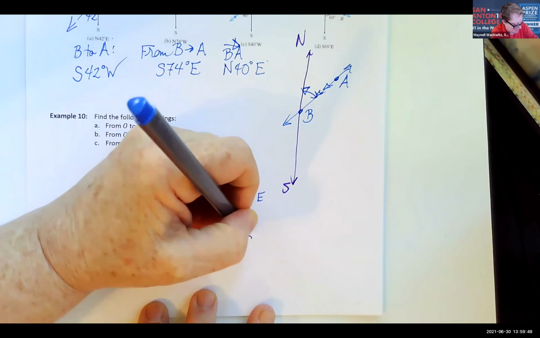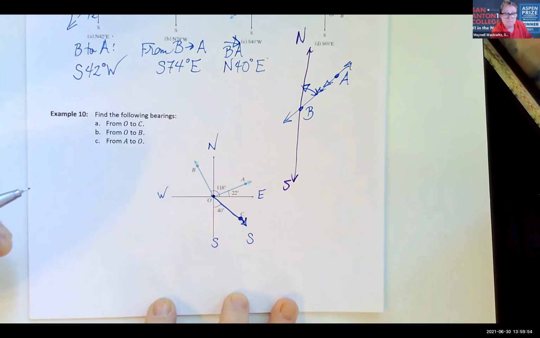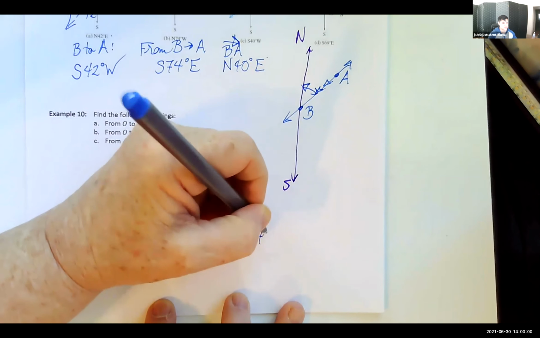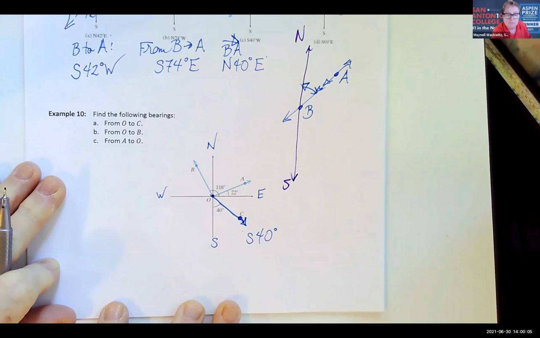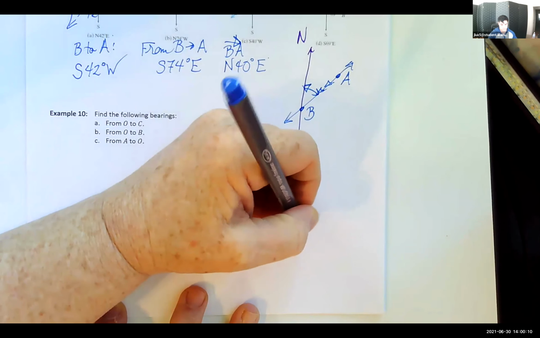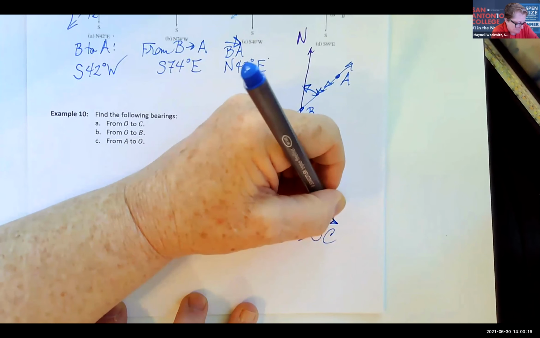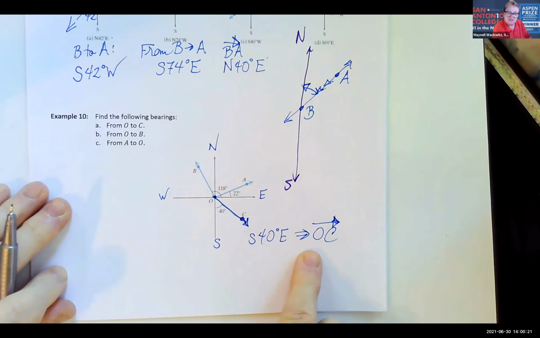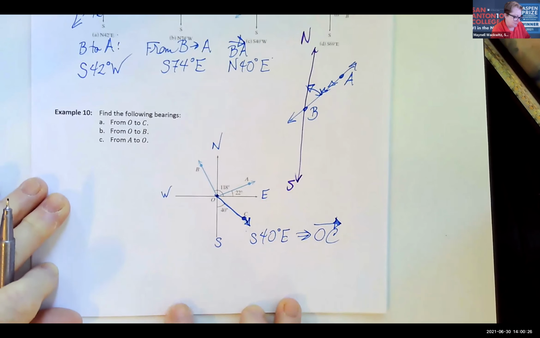Okay, so that'll be south. And what is the angle with respect to the vertical? It's going to be 40 degrees. And are we to the right or the left of the north-south line? It's going to be the right, so it's going to be east. Good. So this is O to C. And we can just put a ray across the top. Instead of a line, we just put a little ray over OC.